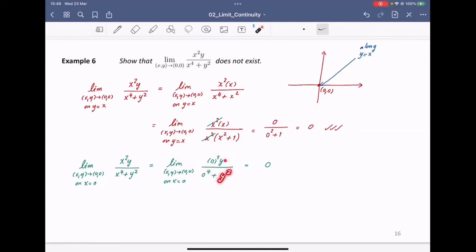It's 0 over y squared, it's 0. This line will not work. This is one problem that you see, people: you could pick a different line and you get the same limit. It does not work. So you still need to find some line that gives you a different limit.